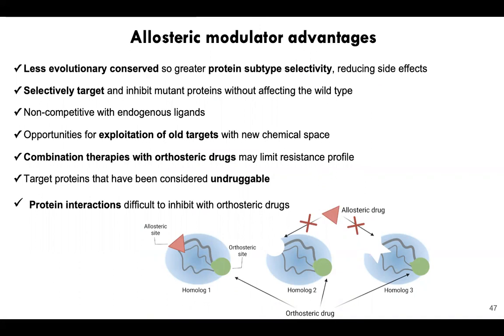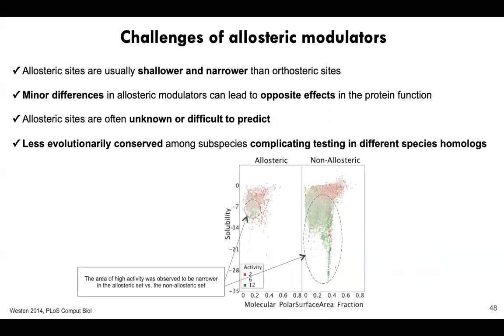We have an opportunity to exploit old targets with new chemical space and to do a combination therapy with allosteric sites that can limit the resistance profile, as I mentioned. Target proteins that have been considered undruggable, such as KRAS. And protein interactions, as Ben told us, are very difficult to inhibit with orthosteric drugs. So allosteric modulators present also opportunities for protein-protein interaction modulation.